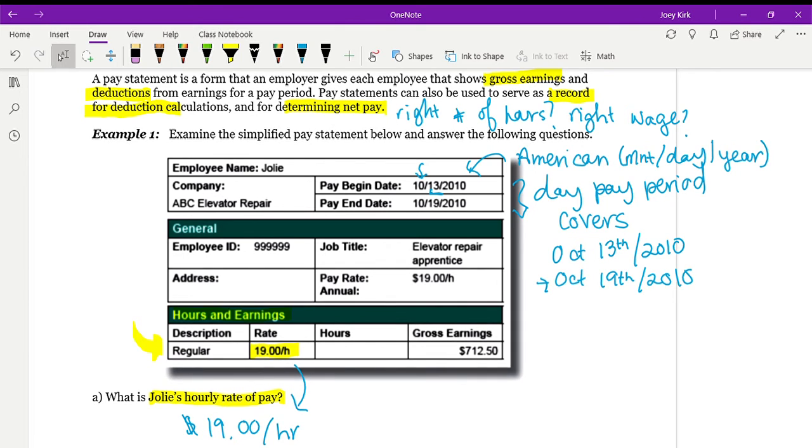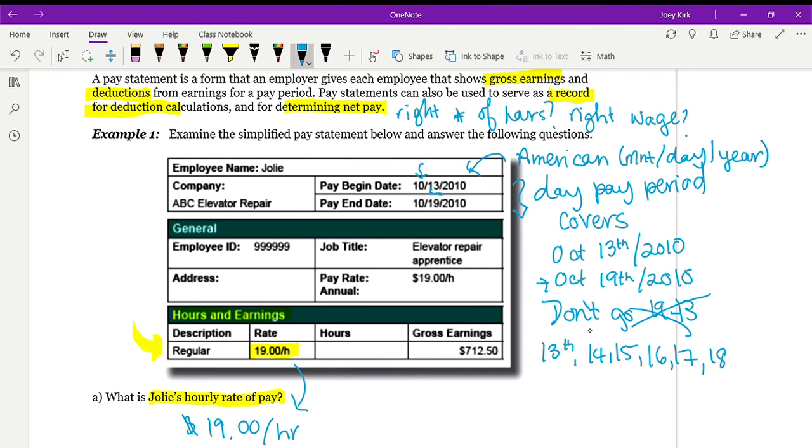Now you have to count. It's not the difference between, you don't go 19 minus 13. Don't do that, because that's going to give you the wrong answer. You have to include the 13th, the 14th, the 15th, the 16th, the 17th, the 18th, and the 19th.